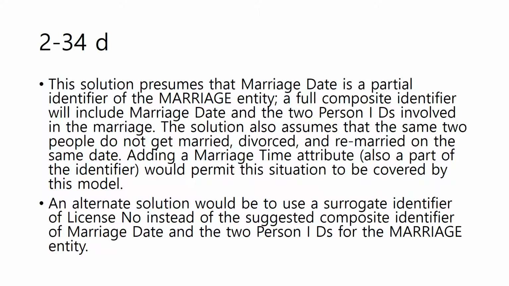Adding a marriage time attribute, also a part of the identifier, would permit this situation to be covered by this model. An alternative solution would be to use a surrogate identifier of license number instead of the suggested composite identifier of marriage date and the two person IDs for the marriage entity.